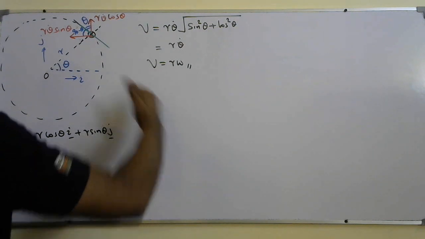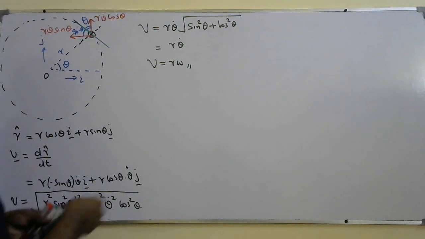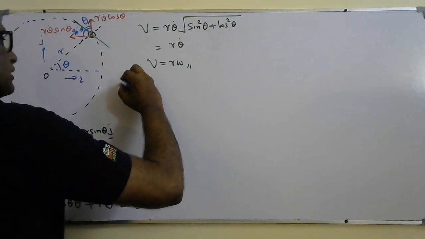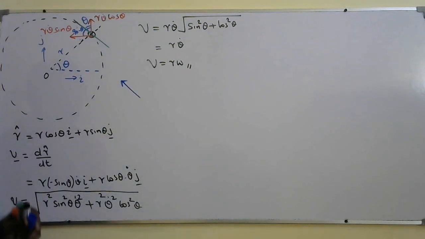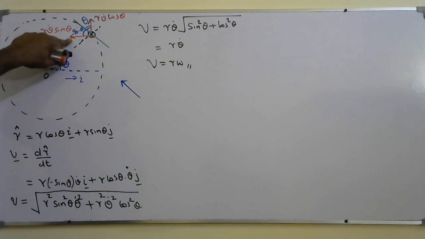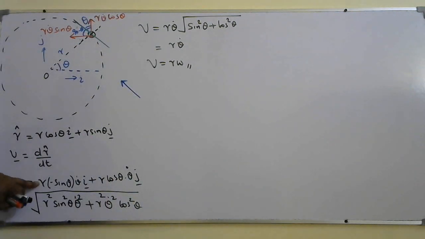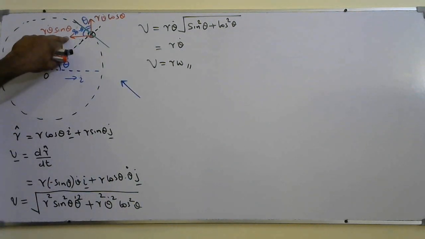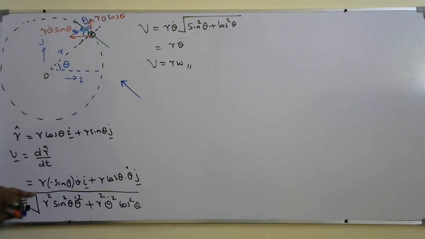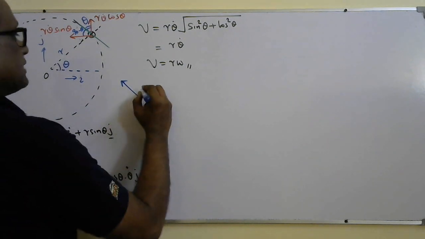Okay, so we'll find along the tangent what the resultant velocity along that direction could be. That will be this component times cos(90 minus theta). This component means I wrote this one with the minus sign, I used it to resolve towards the left. So that's going to be r theta dot sin theta along this direction.